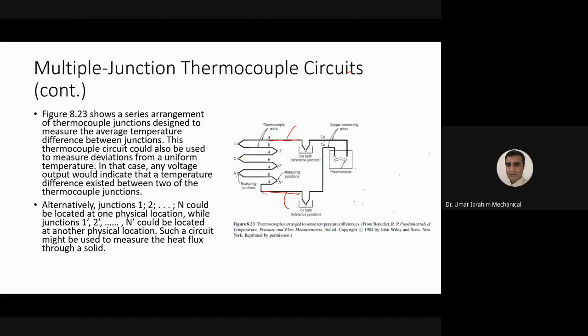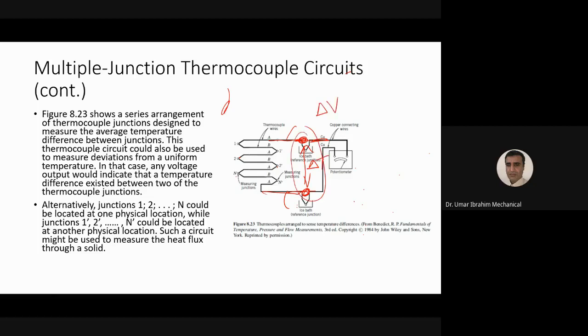Now if I try to connect my copper voltmeter wires with this thermocouple directly, it will create another junction, another two junction. And if there is any temperature difference between these two junctions will then contribute some delta V. Okay?